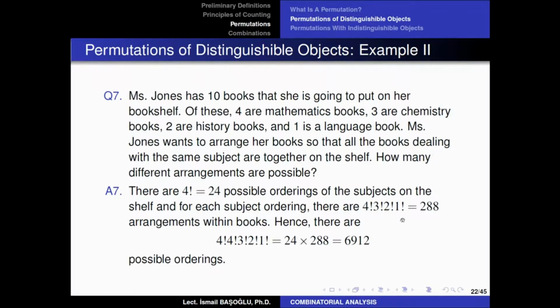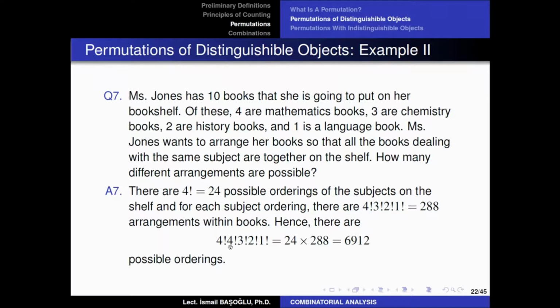Finally, there is a language book. We are writing this 1 factorial here anyway, but 1 factorial is simply 1, so it does not affect this calculation. So by the generalized principle of counting, I can multiply the 4 factorial permutations for the possible orderings among the book groups.